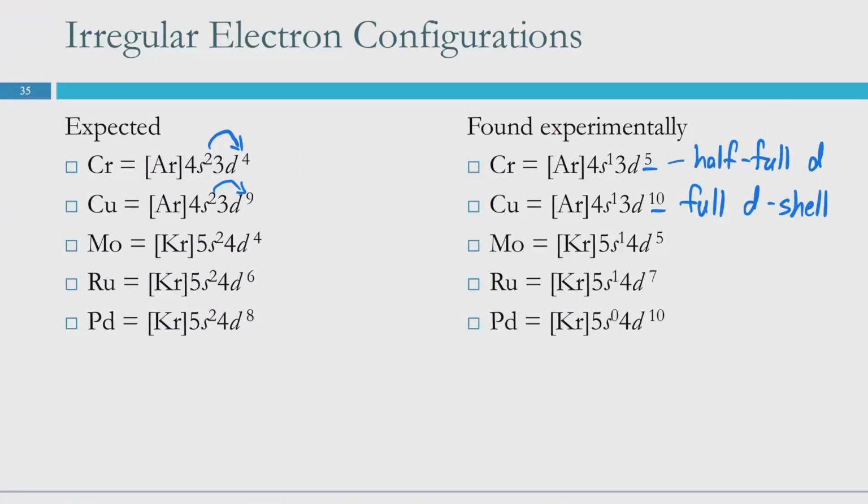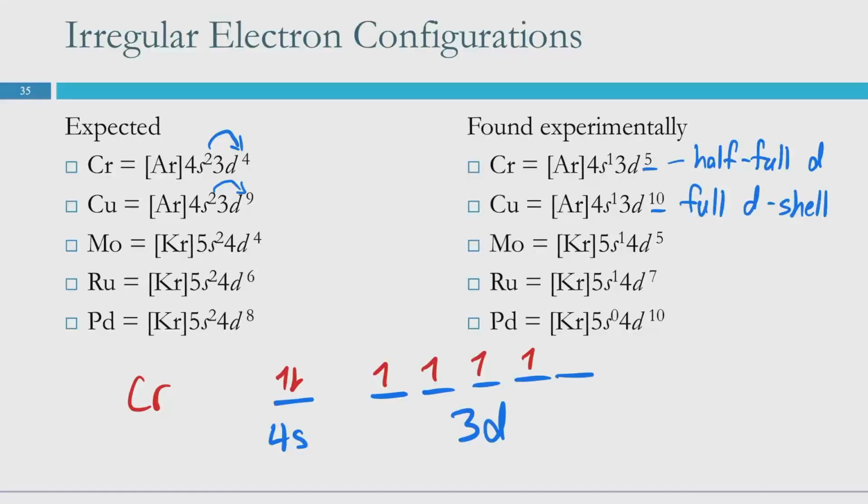But the reason for these being 3d5 and 3d10, if we look at our expected, we've got 4s2 3d4. This is what we would expect to see for chromium. And what we actually see is 4s1 3d5.